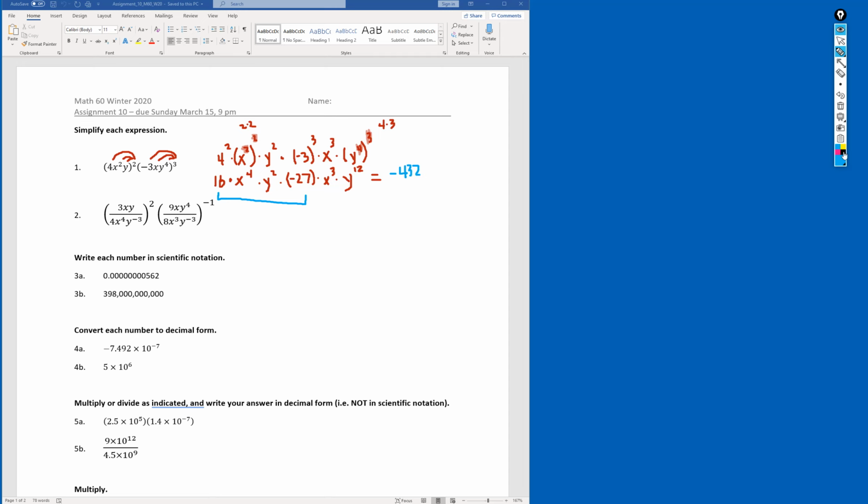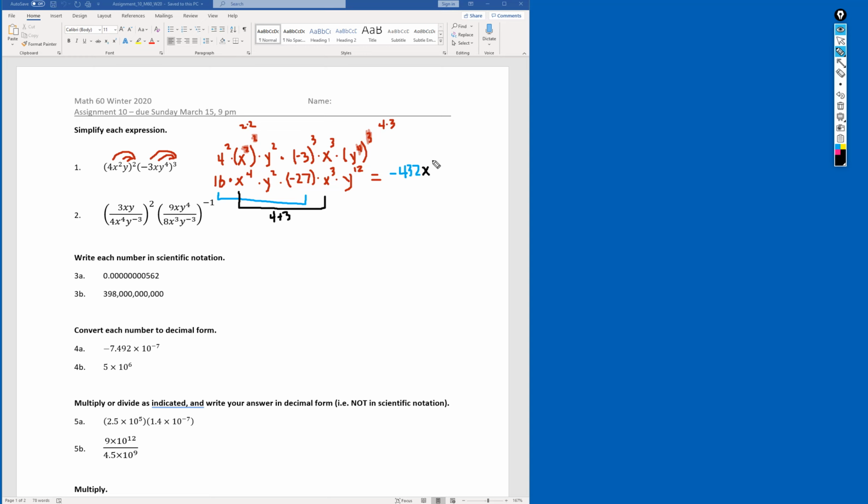We can multiply the x to the fourth times the x to the third. When we're multiplying x to the fourth times x to the third, that's where we add the exponents, 4 plus 3. Because here we have 4 x's, x, x, x, x. Here we have another 3, x, x, x. So together we have 7 of them.